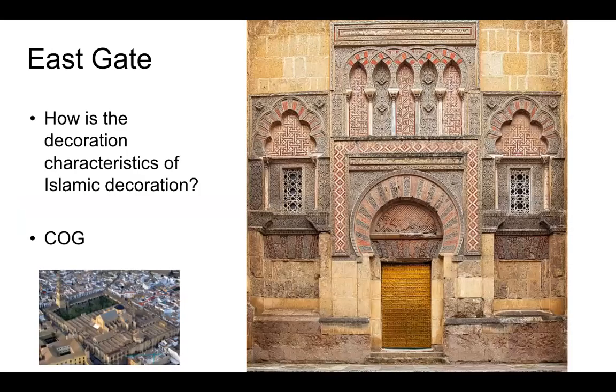Okay, so this is the east gate. I would put this on the decorative page where you're putting the information. Can you identify the Islamic characteristics on the east gate? Go ahead and talk to your neighbor. What are the characteristics that you see?